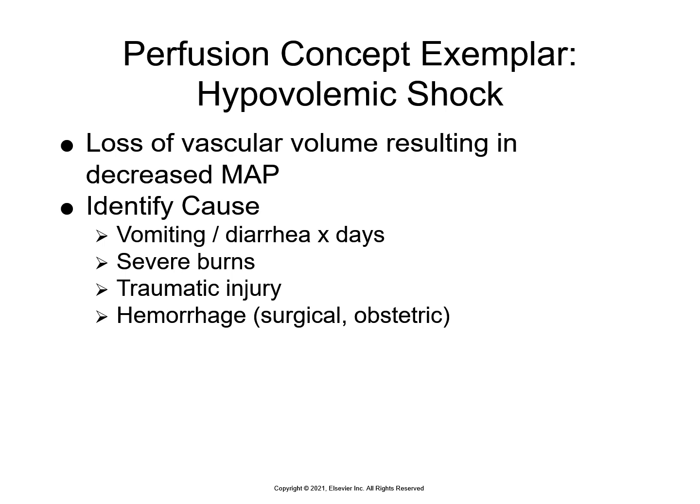Causes are due to vomiting and diarrhea, volume loss, severe burns, fluid loss, traumatic injury causing hemorrhage, and you can have surgical and obstetric hemorrhage that can cause low volume.